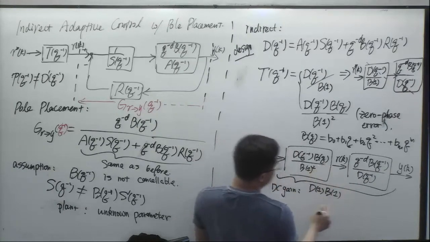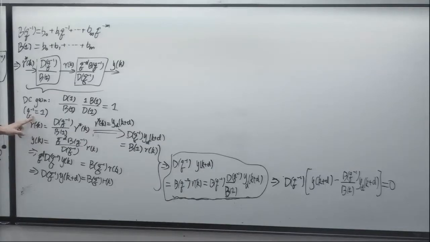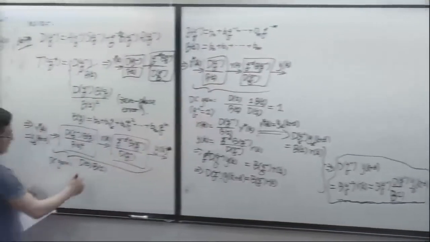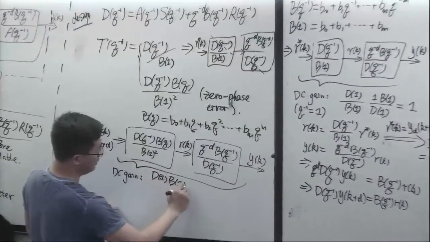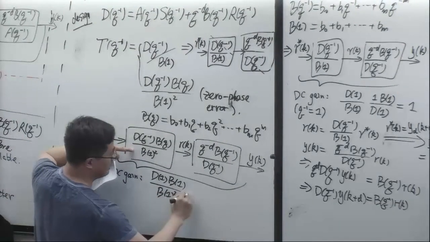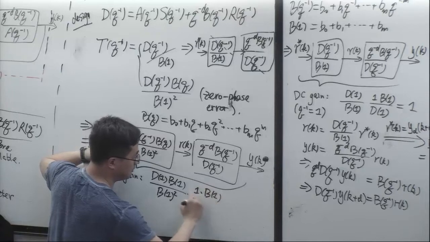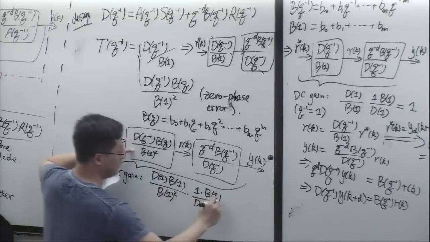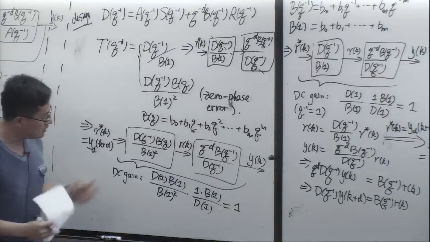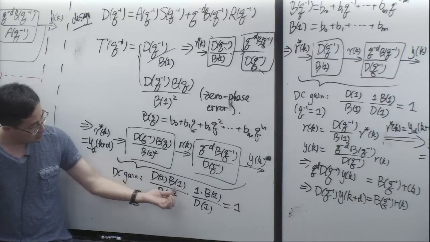All right, Q is, if Q inverse is 1, then Q is also 1. So DC gain is essentially replace Q inverse with just 1. Then this is the first part, and B1 square times 1 times B1, and then D1. So under this design, we also have unity DC gain.